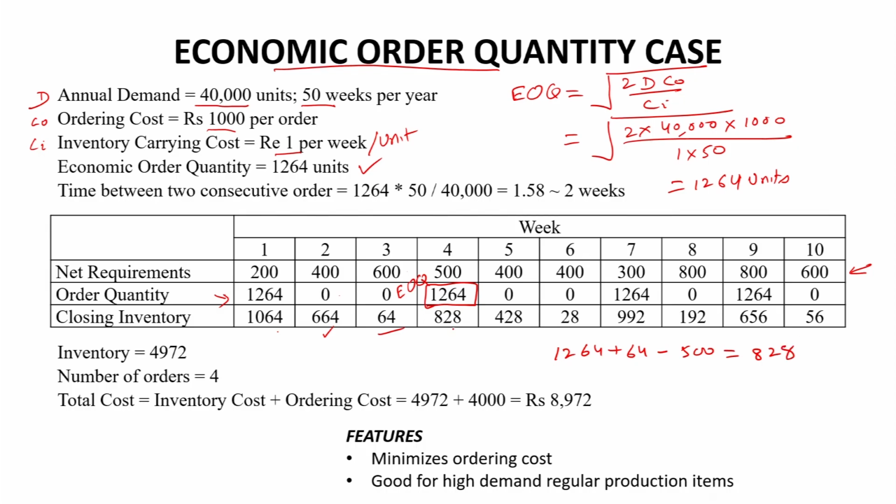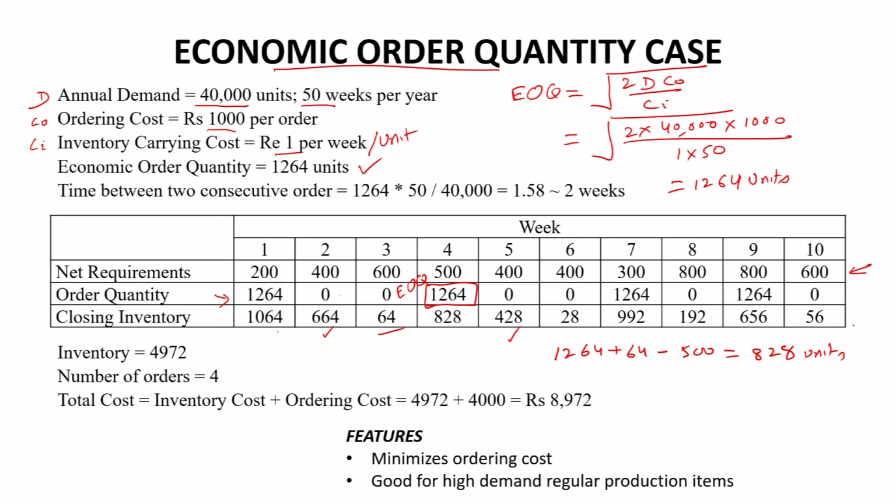My remaining inventory at the end of period 4: 64 is my initial inventory, 1264 is the order I have received, and 500 is the net requirement. So, I am left with 828 units of inventory at the end of period 4. In period 5, 828 is there, the requirement is 400, so no new order needs to be placed, and 428 remains.